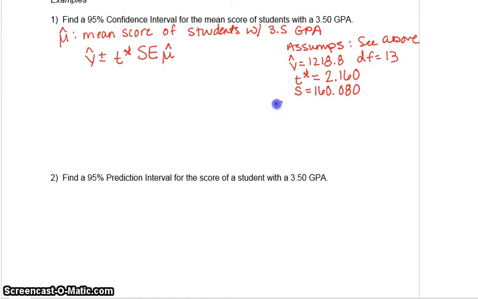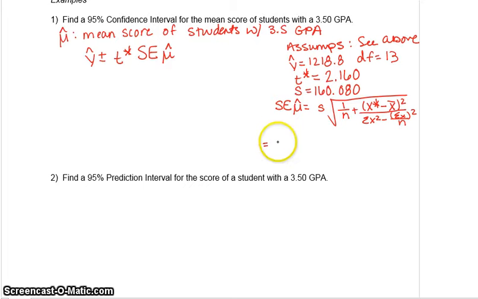So now finding that standard error for the mean, that would be S times the square root of 1 over n plus x star minus x bar squared over the sum of the x squareds minus the sum of the x's squared divided by n.